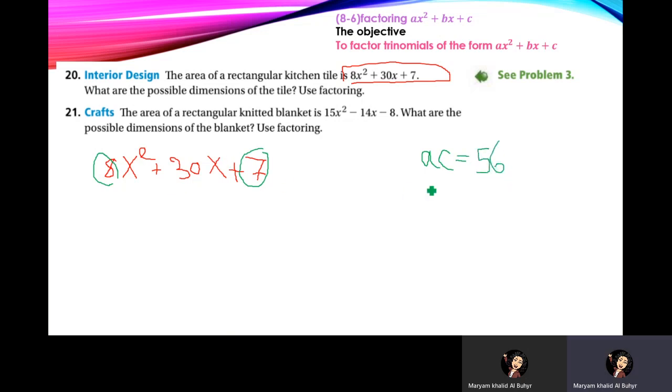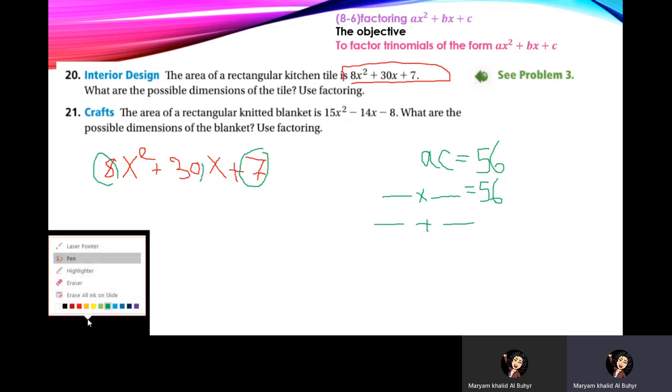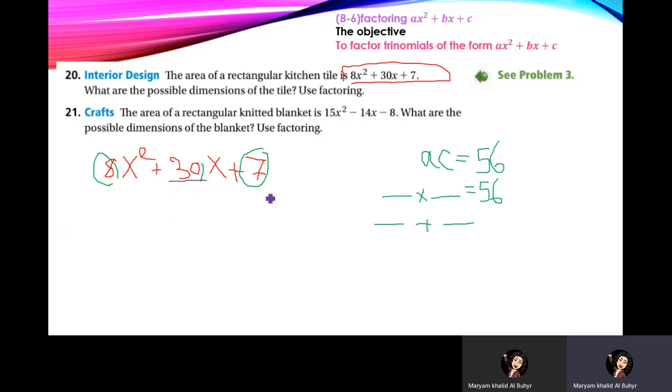Now let me think about two numbers. Once I multiply them, I will get what I have here for AC. Once I add them, I will get the B, the number that I have in the middle, which is 30.